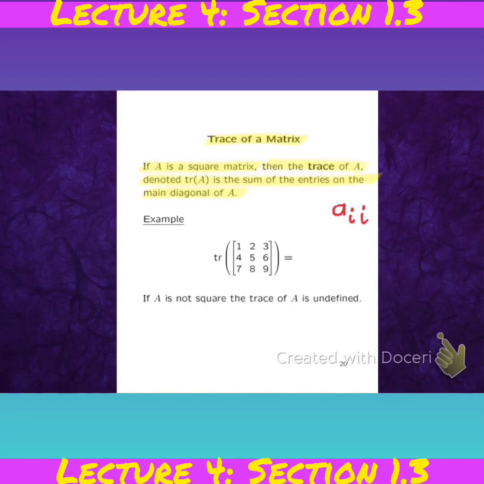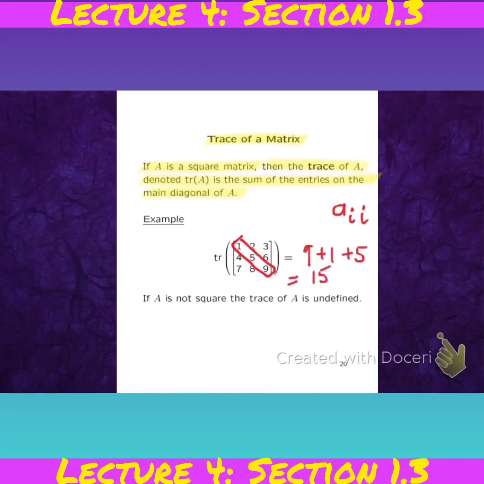So that's an entry on the diagonal. It lies in the ith row and the ith column. So the trace of this matrix is simply the sum of the entries on the main diagonal. Calculating that, you will then have 9 plus 1 plus 5, which is 15.